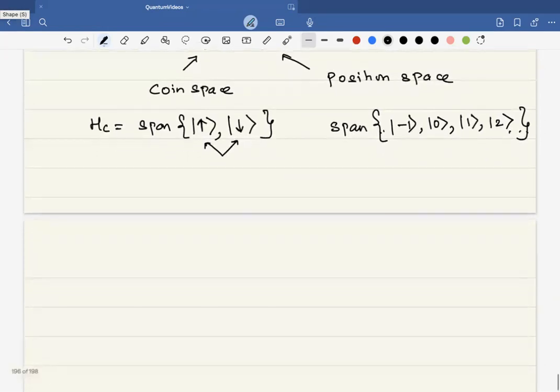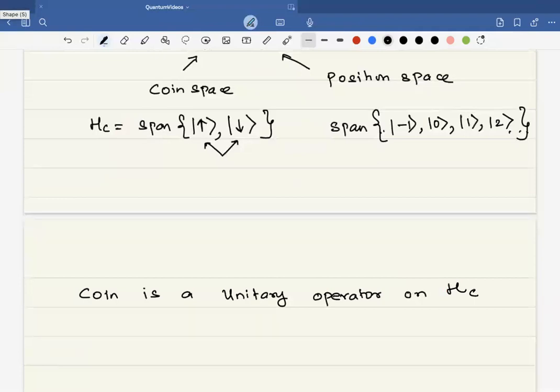So the coin is a unitary operator on H_C. For instance, one coin that you could think of is a Hadamard coin. So any unitary operator is acceptable, but we can make use of this coin, which is called the Hadamard coin.